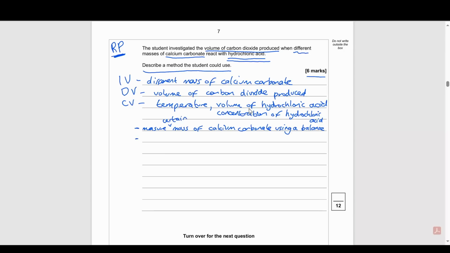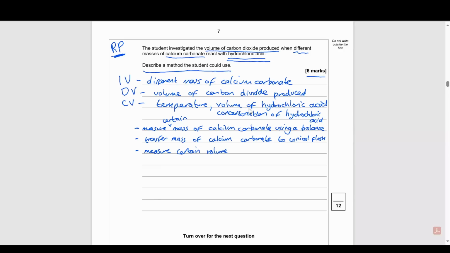We can specify the mass if we wanted to, but for now we can just write certain mass. What we would then do is transfer this known mass of calcium carbonate to the conical flask. So we've got the conical flask, it's got the calcium carbonate in there now.